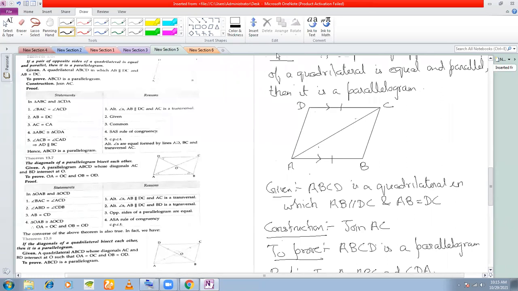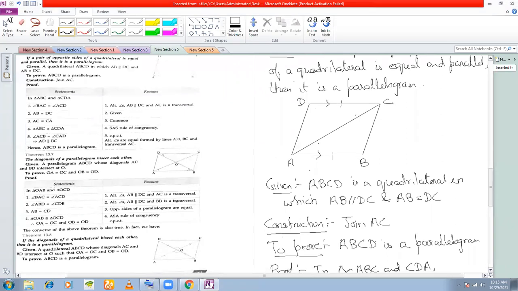Now we need to prove that this is a parallelogram. Once we have proved that these two triangles are congruent, can we say by CPCT that these two angles are equal? Yes, because opposite to the equal sides are these two angles, so they must be equal. So by CPCT, angle DAC is equal to angle ACB.